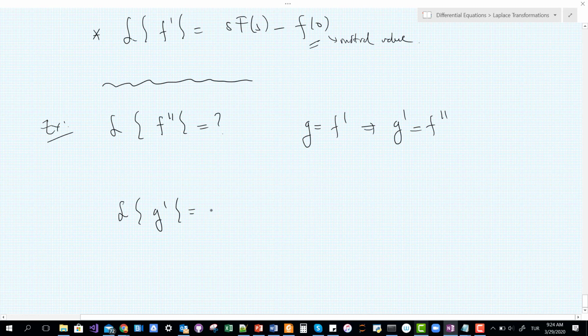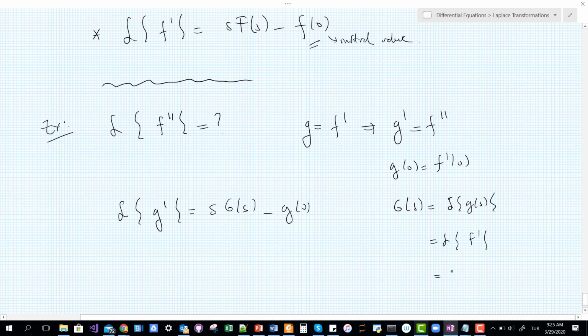And then do I know what is the Laplace of g prime from the previous part? Yes. This is equal, look at it, s G of s minus g of 0. From the assumption, I know g of 0 is equal to f prime of 0. And also, what is G of s? G of s is the Laplace of g, so Laplace of g is equal to Laplace of f prime, which is equal to s times F of s minus f of 0, correct?